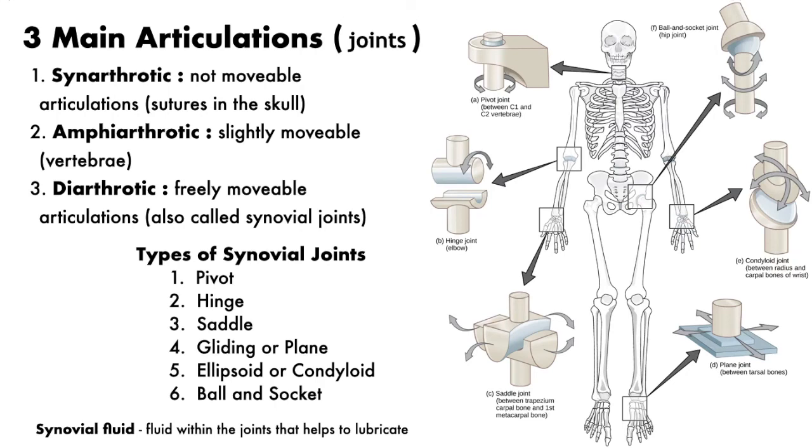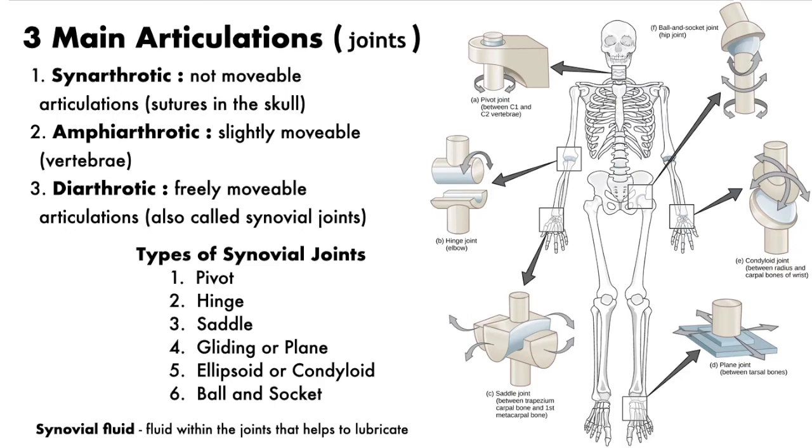So these 2 bones, one's concave and one is convex, they fit into each other, and they slightly move back and forth and around as they fit together. So this is primarily found in the wrist, structures to the fingers.